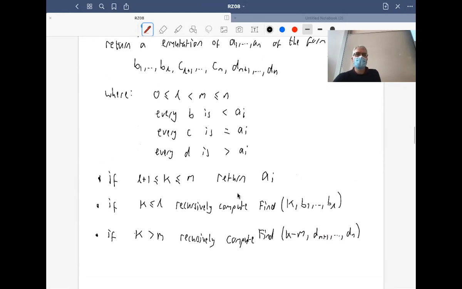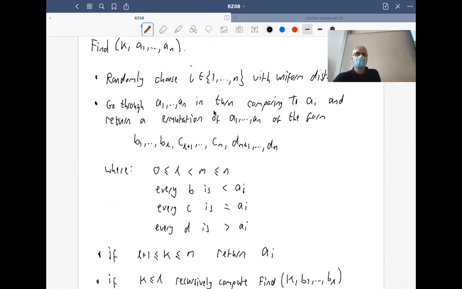And actually, that's no loss, because when the elements are distinct, the collection of C's here always has exactly one element. When they're not distinct, the collection of C's may have more than one element. And the more C's we have, the faster the algorithm goes, because if we've got more C's, then we've got smaller lists of B's and D's to look through.